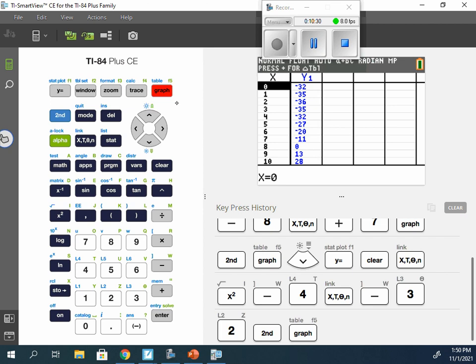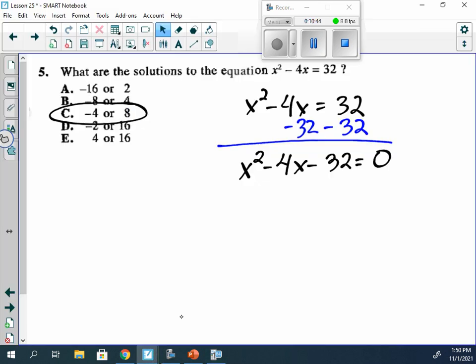And if we scroll up, when x is -4, the y value is 0. So the solutions are -4 and 8, which we happen to find by chance by plugging it in. Any questions on this here?